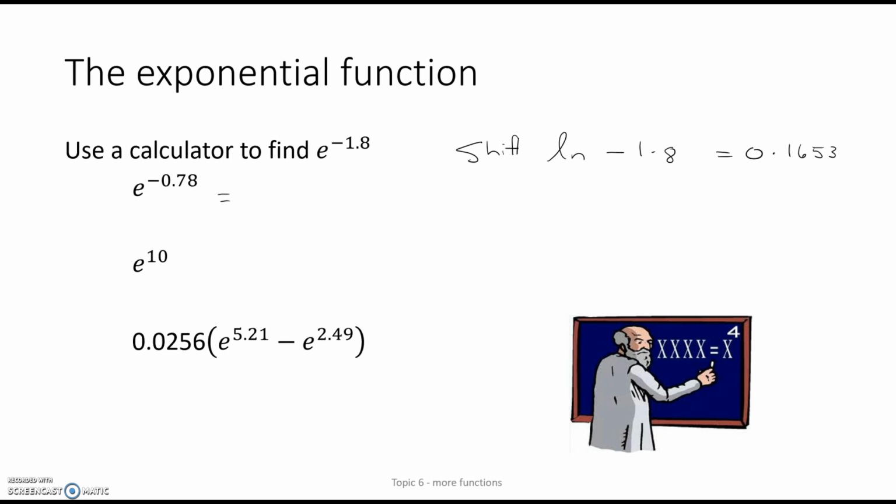For the next one, you do it and you check it, that you should get 0.4584. e to the 10, now you'd expect that to be a pretty large number, and indeed it is. It's 22,026 point roughly 466.